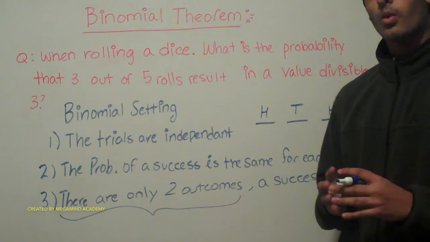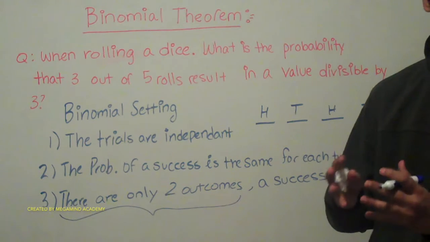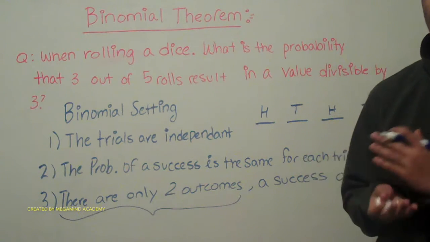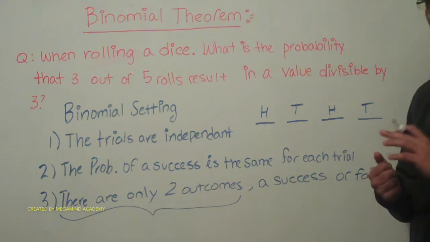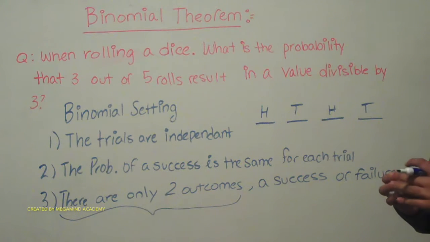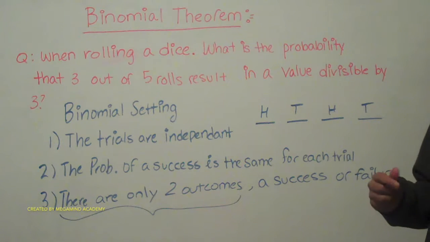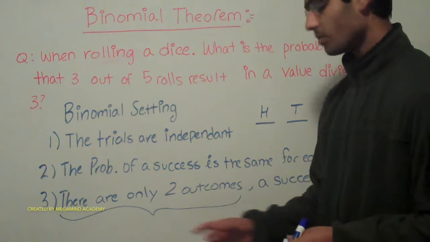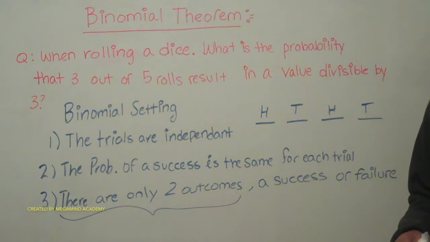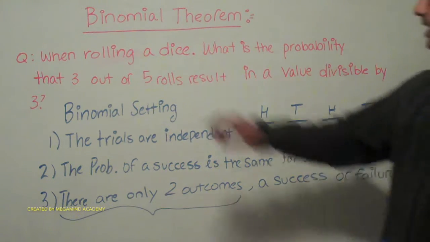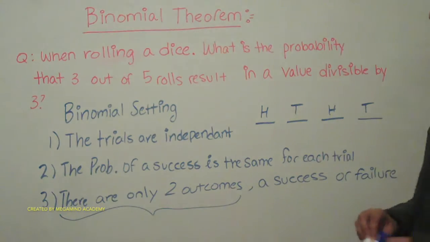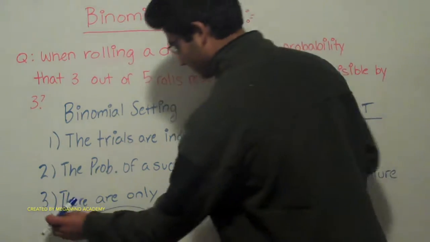So basically, whatever you're trying to find the probability of is the success, and the other value that it can take, or its complement, is the failure. So really, the key thing here is that there are only 2 outcomes. So there can't be 3 or 4, otherwise it cannot be a binomial variable, and that's where we get the word binomial from. There are only 2 outcomes.